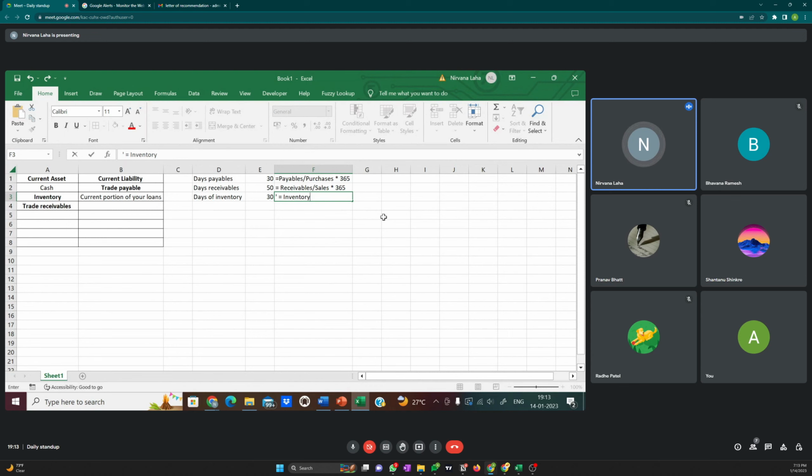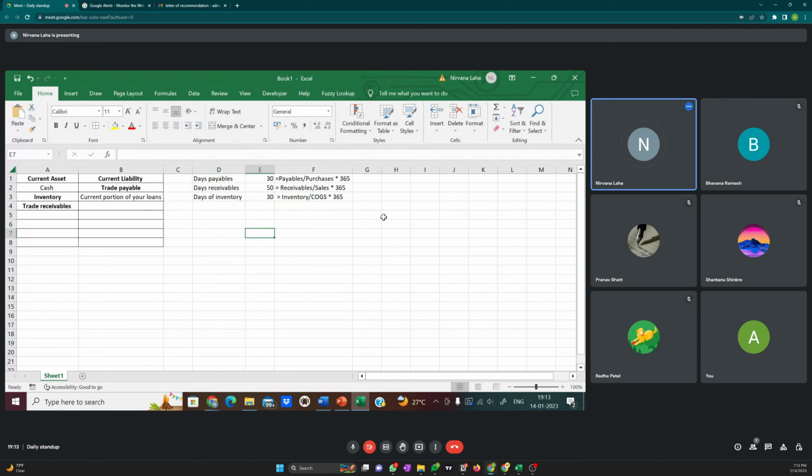It's cost of goods sold, COGS, right? So inventory by COGS into 365. Because inventory is always a factor of COGS. COGS is the amount of inventory you are consuming over the year. So inventory divided by COGS into 365. Okay, so this is days payables, days receivables, days of inventory.